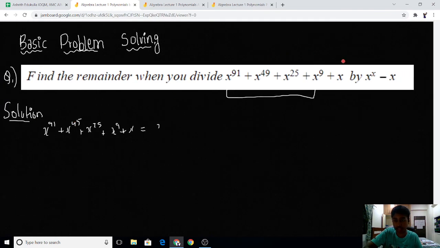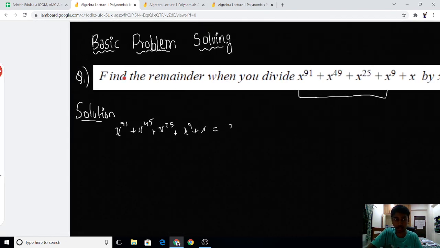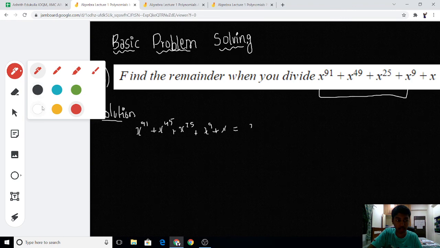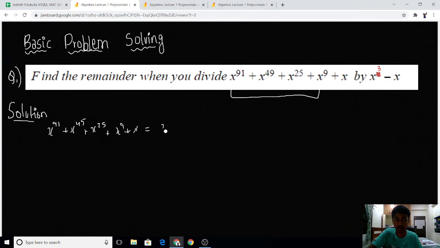The mistake in the question is it is x cube minus x. So sorry for making a mistake. So x cube minus x equals x into x minus 1 into x plus 1.